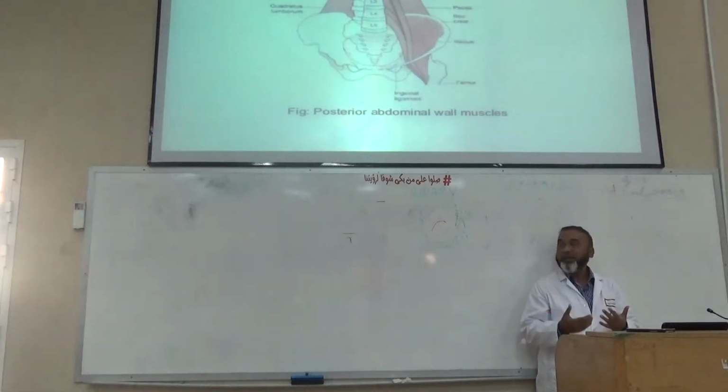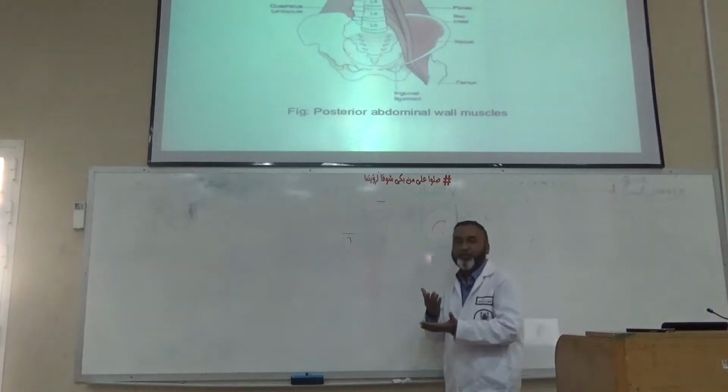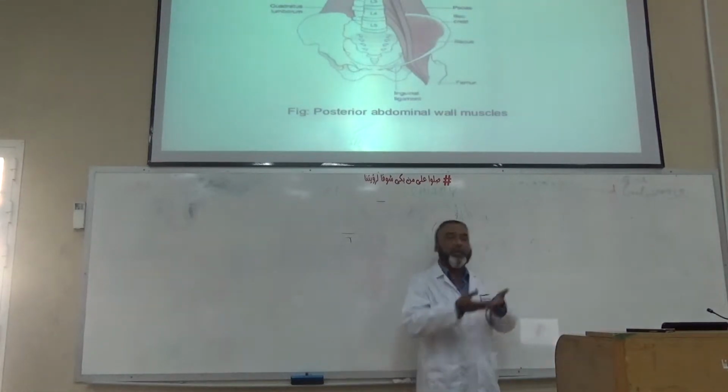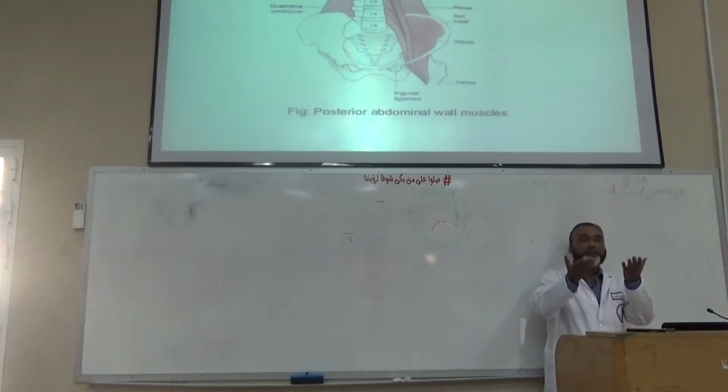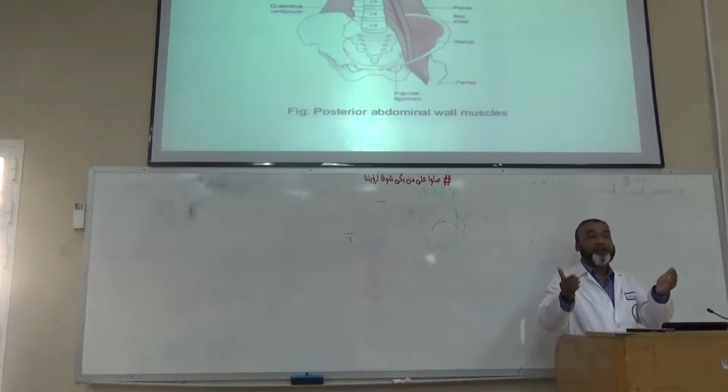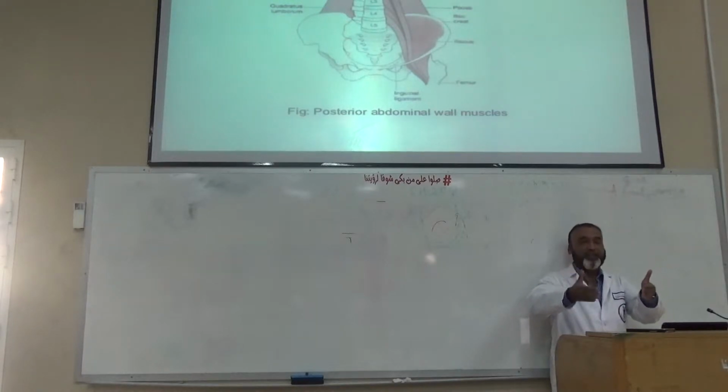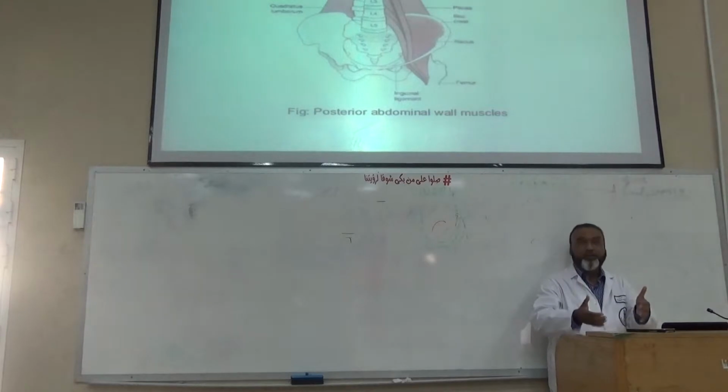Below, on the posterior wall, we have a small part of the iliac bone, and that part lies above the pelvic brim, where on each side of the iliac bone medially we have the fossae named the iliac fossa, from where the iliacus muscle originates.